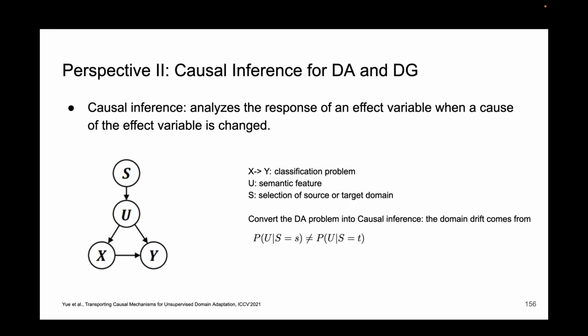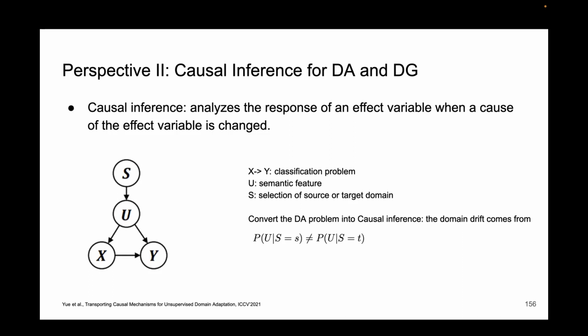Essentially, they assume that the classification task X to Y is also affected by the unobserved semantic feature U, where U to X and U to Y denote the definition process of semantic classes. Notice that these causalities have been shown valid in their respective areas. For example, U to X and U to Y can be image and language generation, respectively.